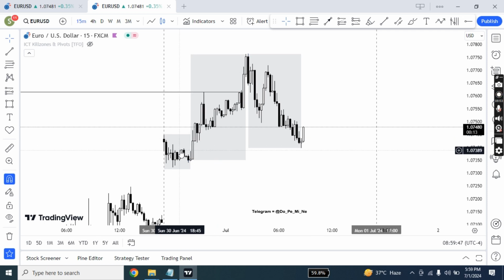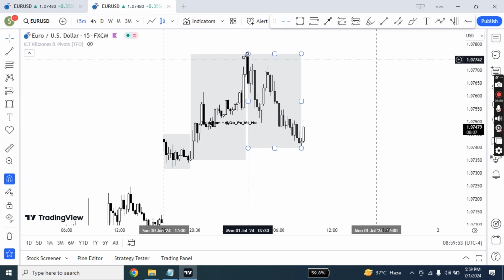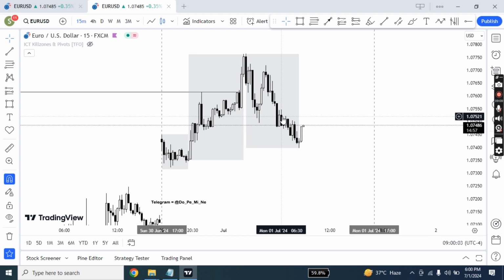We started with the range, then an expansion, then this expansion tested a key level, and after that expansion profile ended, we had a reversal profile. This is how you could use market profiles and key levels and integrate them with each other to have a dynamic, objective, and unique perspective of the charts. And you're going to be using time frame alignment for that.